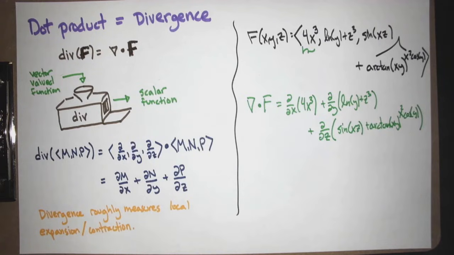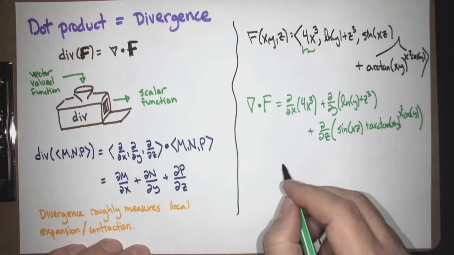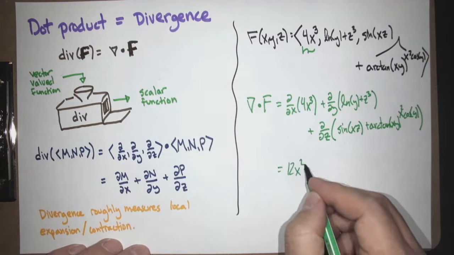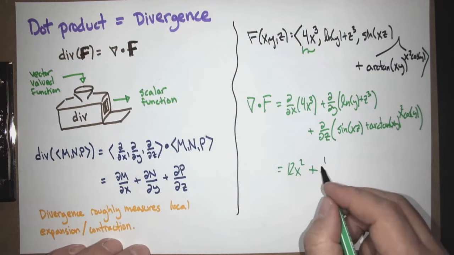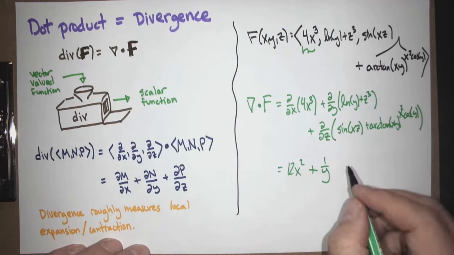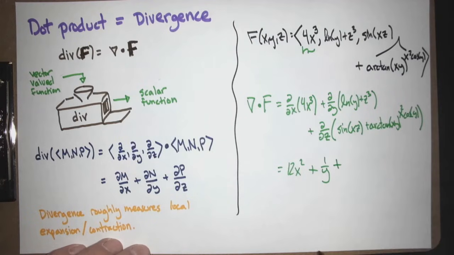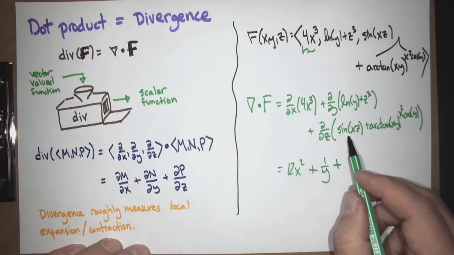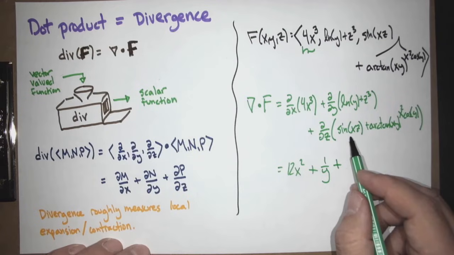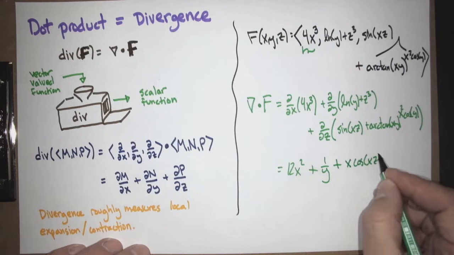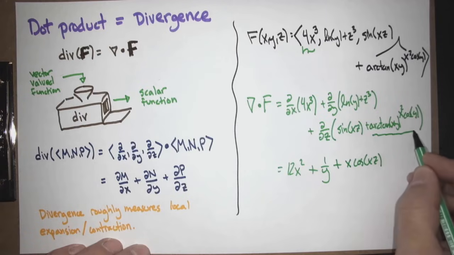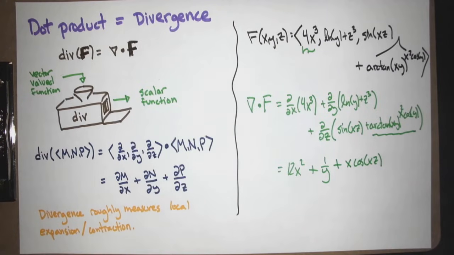All right. What do we get? The first derivative gives us 12x squared. The second gives us 1 over y. The last one gives us derivative of sine, x cosine xz. And all of this, which looks terrible, goes away.